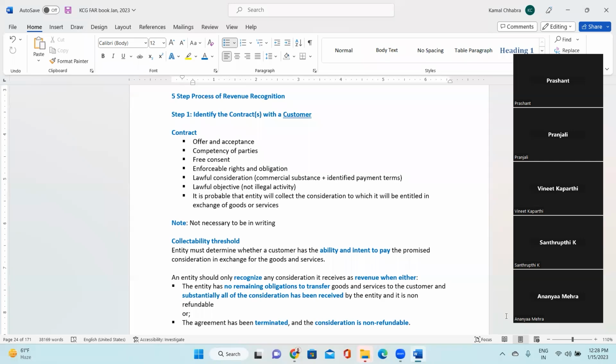Because Prashant is delivering services, he is selling. The person who is selling will recognize the revenue, and I'm buying it. For me, it is purchases or maybe capital expenditure. I'll recognize the software as an asset. Makes sense? We are all commerce students, I know.